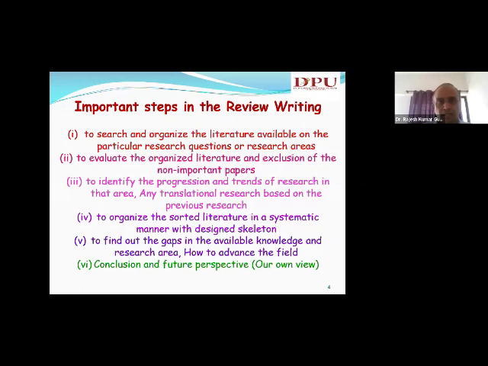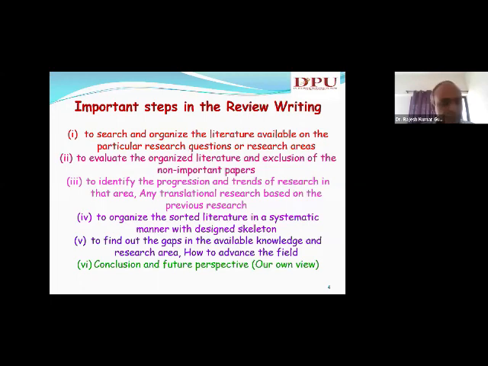Then we have to organize the sorted literature in a systematic manner, design the skeleton in discussion with our group advisor or supervisor, and find out the gaps in the available knowledge and research area, and how to advance the field. We have to mention that. And finally, we have to go for the conclusion and future perspectives in our own view, and what our idea and suggestion is to improve that particular topic in that particular research area.